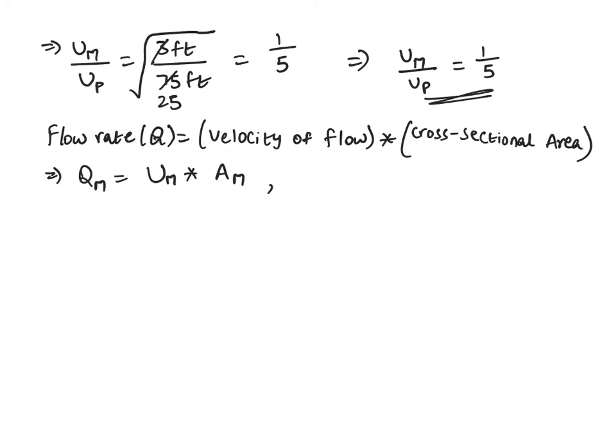And similarly, flow rate of prototype would be equal to velocity of prototype multiplied by cross-sectional area of the prototype.